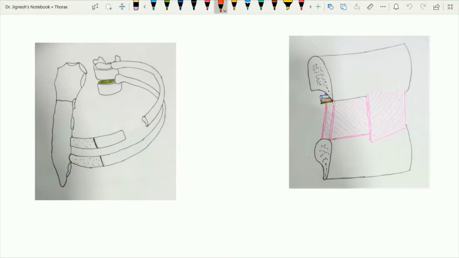Now let's see the transversus intercostalis muscle. This transversus intercostalis muscle is the deepest muscle of the intercostal space and has three parts. Anteriorly, it is in the form of the sternocostalis. In the middle two-fourths, it is in the form of the intercostalis intimus, and posteriorly, it is in the form of the subcostalis.